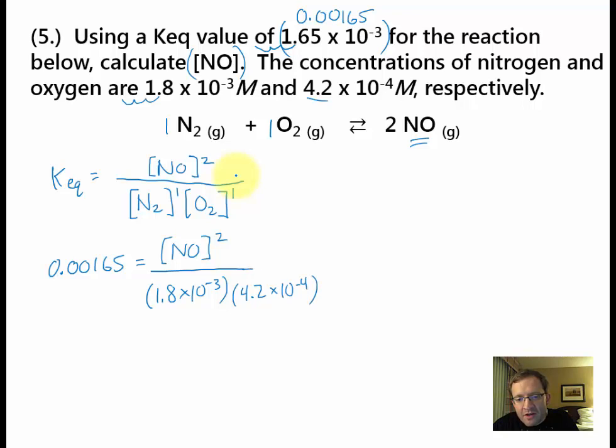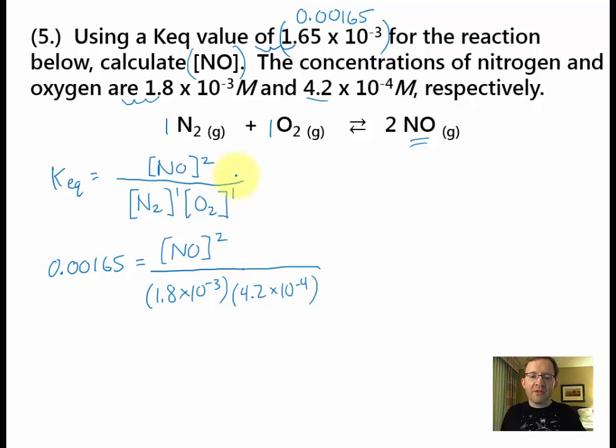So I've got my numerator here, is where my unknown is that I'm trying to find. And on the bottom, I've got a couple numbers in scientific notation. Now, to get rid of those, we're going to multiply them over to this side, right? So multiply both sides by the quantities down here at the bottom. And when I do that, I'm going to have nothing left but NO squared, my nitrogen monoxide concentration squared.